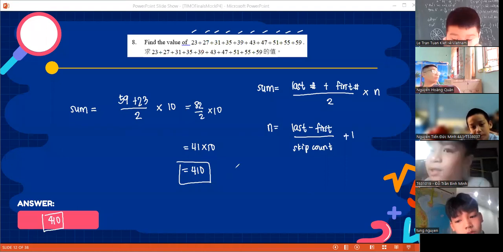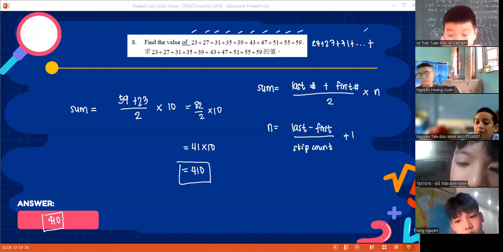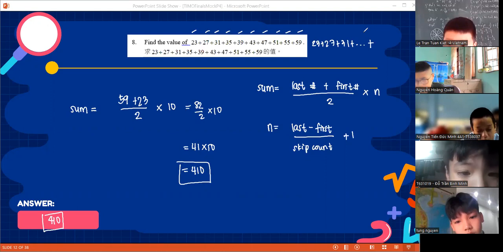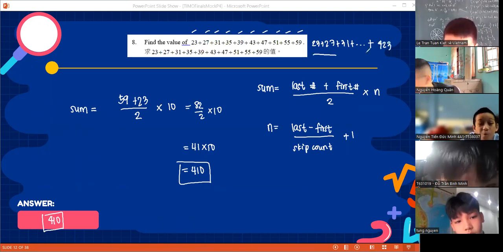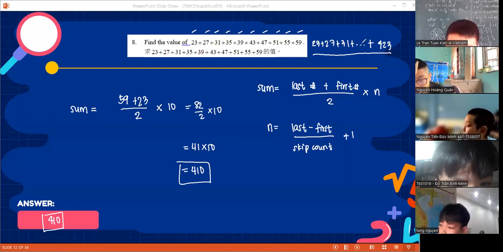But much better, because sometimes they make it a bit more difficult. They're going to have it as 23 plus 27 plus 31 plus so on and so forth. So how many numbers? There's really a lot of numbers in between, right?